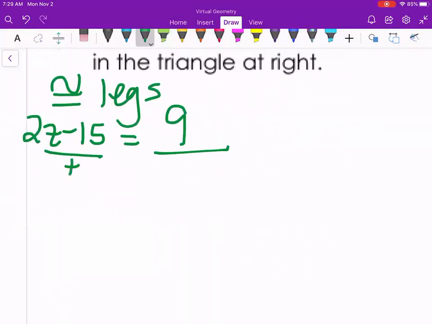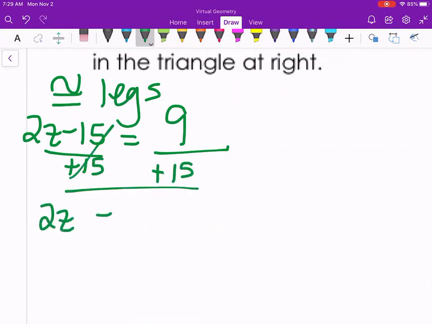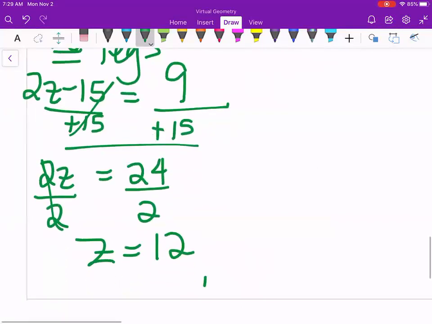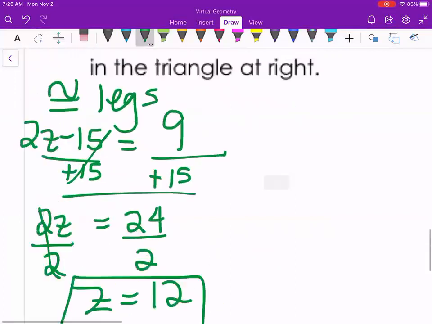Okay, we can add that 15 back. So 2z is equal to 24. Divide by your 2. And my z is a 12. So there's our first part.